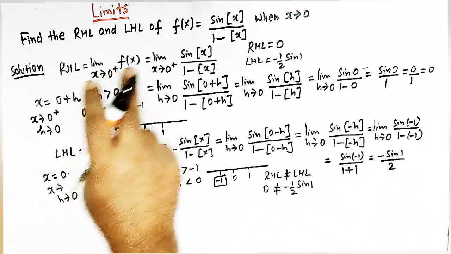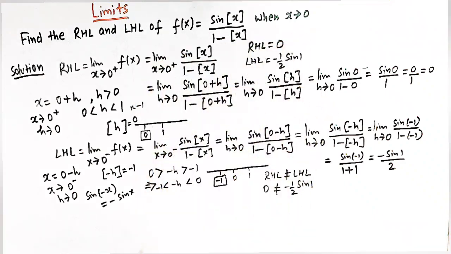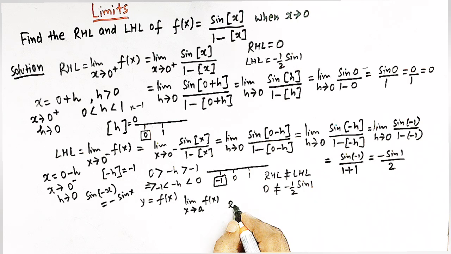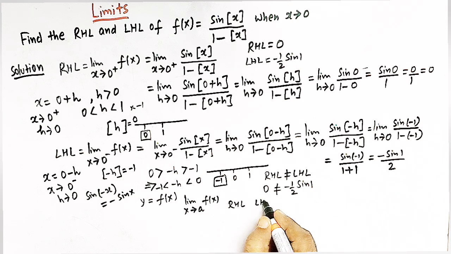So the limit of this function when x approaches 0 doesn't exist, because for a function y equal to f(x), the limit as x approaches a exists only when the right hand limit and the left hand limit both exist and are equal to each other.